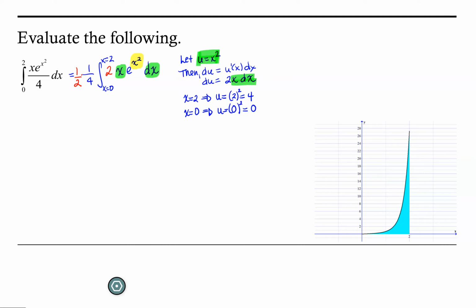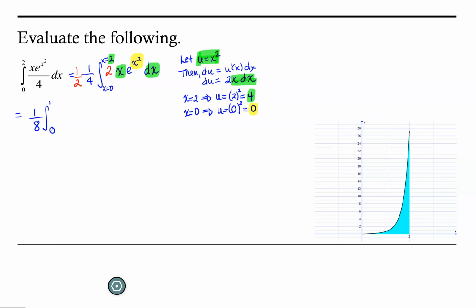So what does my new integral look like? Well, in front of the integrand, I've got 1/2 times 1/4, so that's 1/8. My lower limit was 0, and my new lower limit is 0. So the transformation kept the lower limit at 0. My upper limit was 2 originally, and my new upper limit is 4.